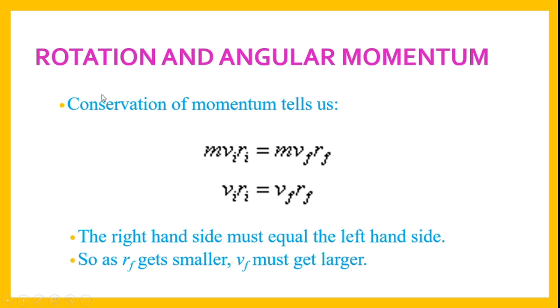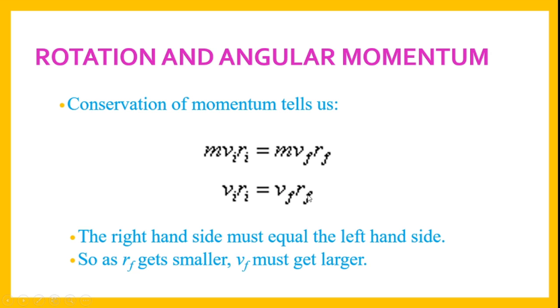But if you see here, conservation of momentum tells that both the angular momentums are equal. That means m v_i r_i is equal to m v_f r_f. Mass gets cancelled. So remaining is v_i r_i is equal to v_f r_f. The right hand side must be equal to the left hand side. So if you observe these terms, as r_f gets smaller, v_f must get larger.